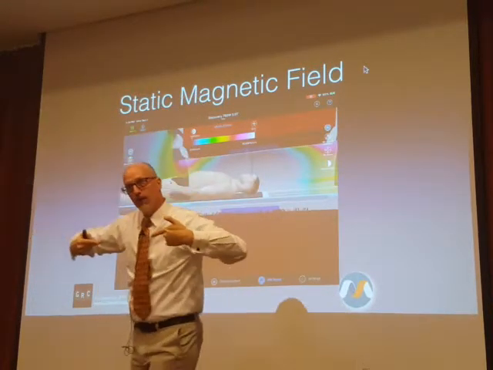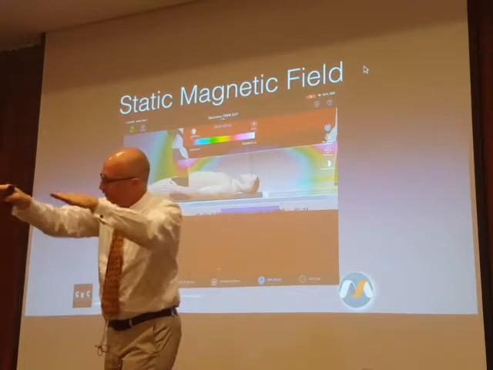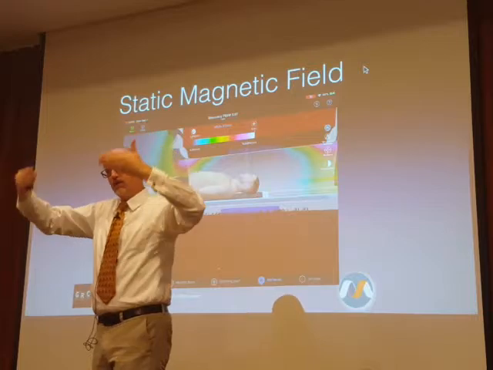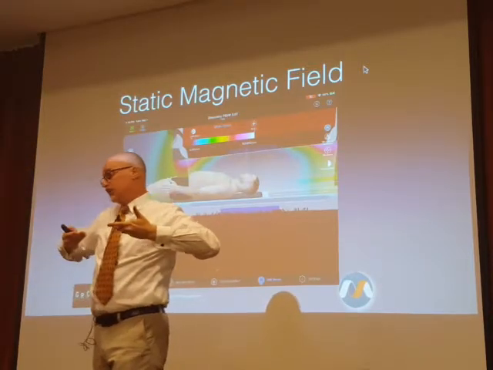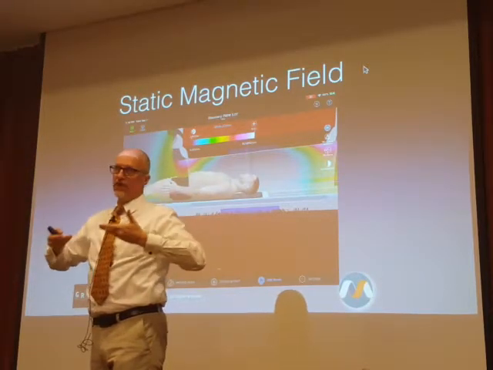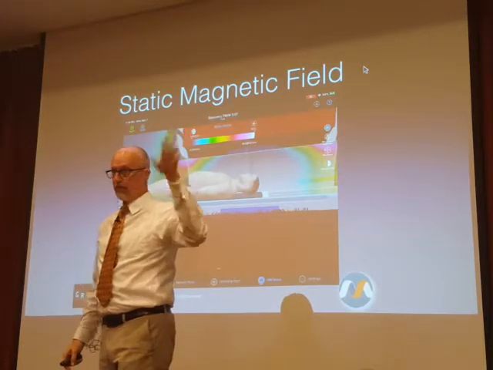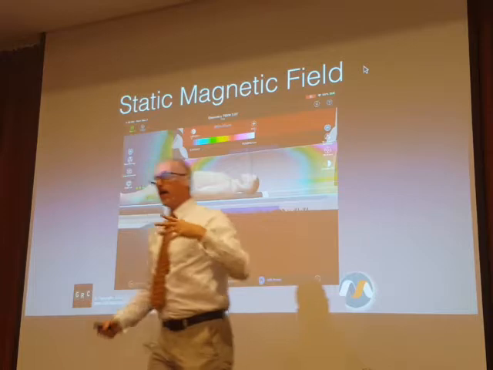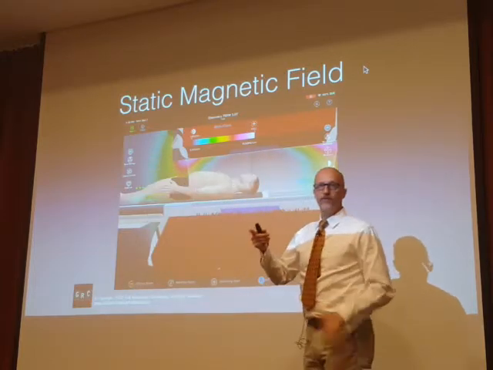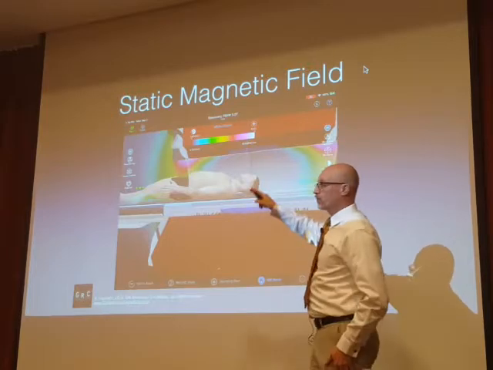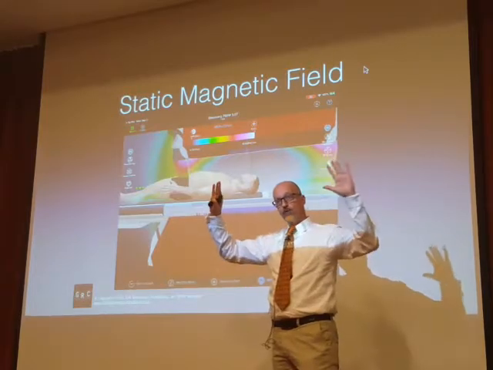Somewhere on that curve, from where we go from horizontal to vertical, somewhere in that transition is where the spatial gradient is highest for every bore format magnet. This is true for GE, Siemens, Philips, Toshiba, Hitachi.